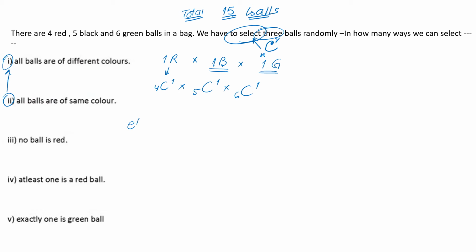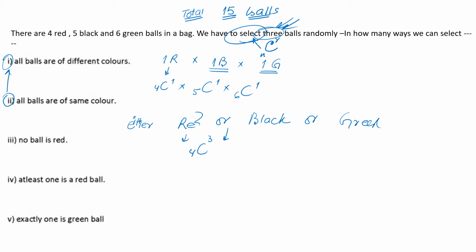Of the same color means either they all are red, or they all are black, or they all are green. So selection of red from the red, that means 4C3. All 3, because we have to select 3 balls from the question.